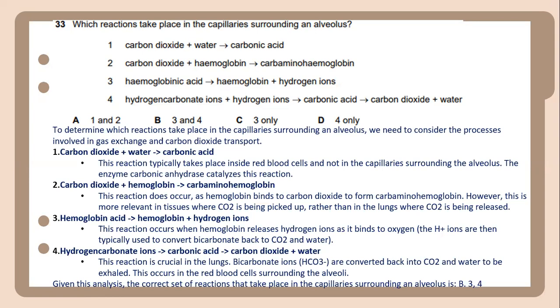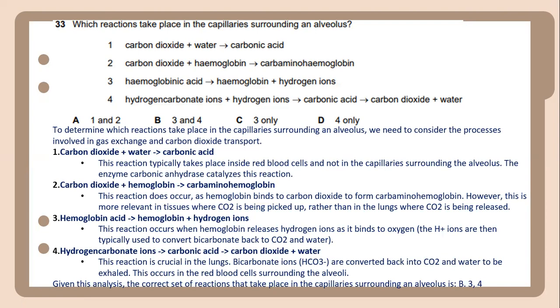The enzyme carbonic anhydrase catalyzes this reaction. Number two, this reaction does occur as hemoglobin binds to carbon dioxide to form carbaminohemoglobin. However, this is more relevant in tissues where carbon dioxide is being picked up rather than in the lung where carbon dioxide is being released.